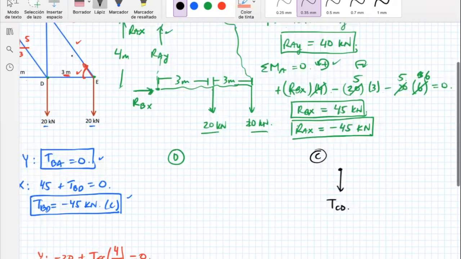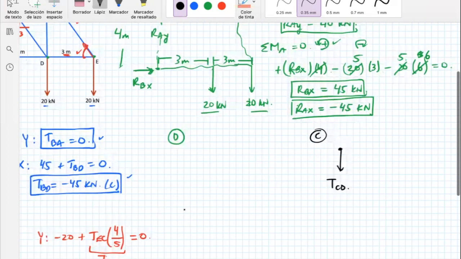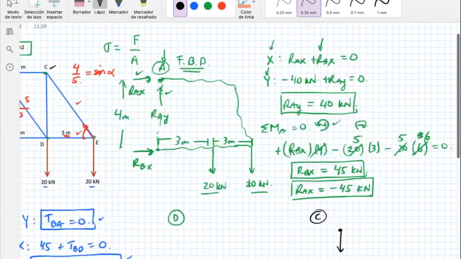Now, I really know this TEC, right? I already got it, and this TEC is in tension. So if it's in tension at E, it needs to be in tension here at C. You cannot have it in compression at one joint and tension at the other joint, because otherwise this thing would be moving.